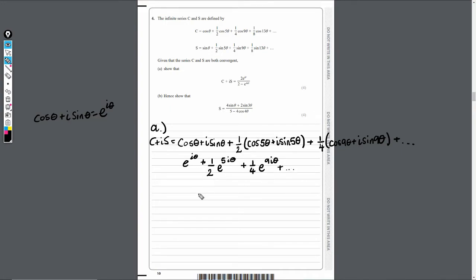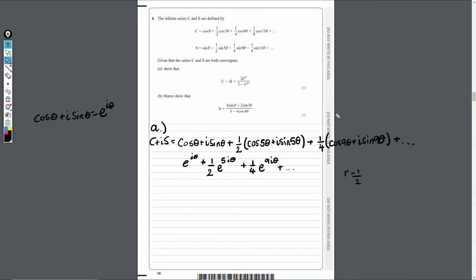But notice this is a special kind of pattern, right? This is a geometric sequence. Notice you've got e to the i theta plus a half e to the 5i theta, then a quarter e to the 9i theta. So what's the common ratio here? Well, my common ratio is just going to be a half, because each time it's times by a half, a half, a quarter.